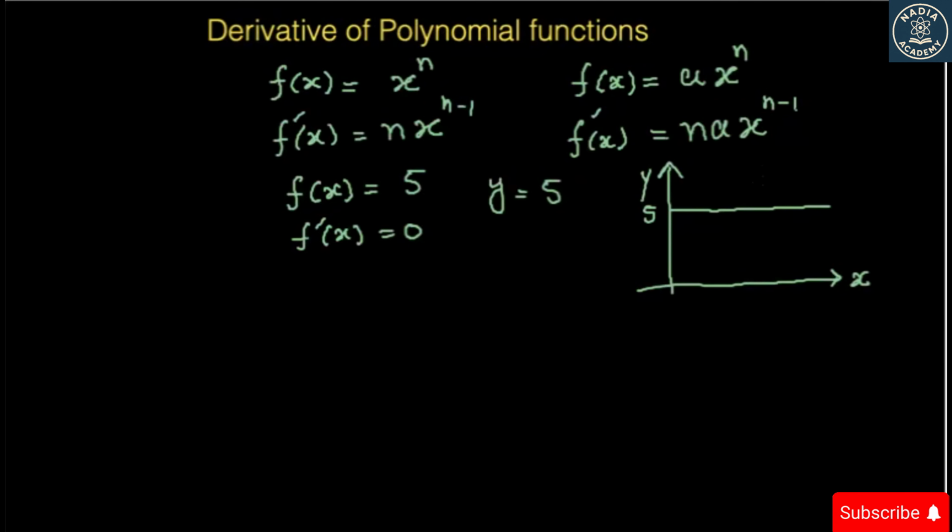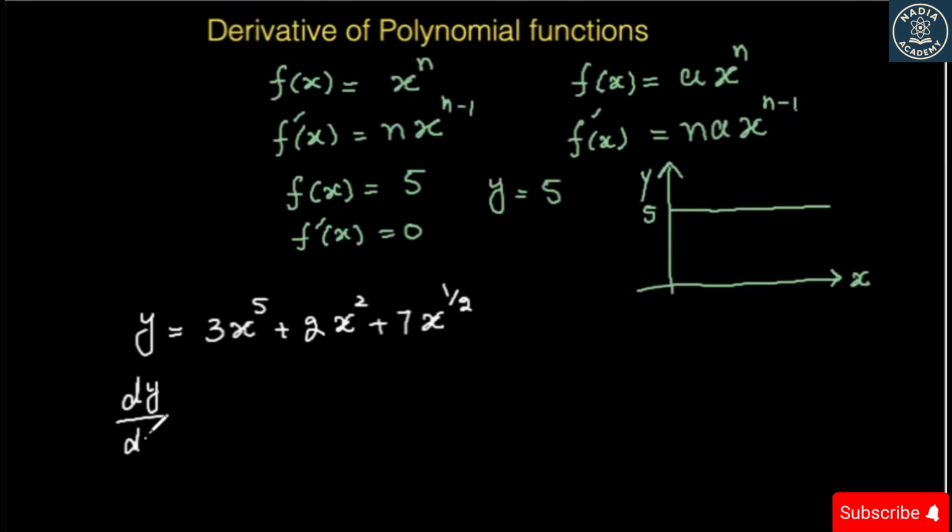Now if we have a polynomial function that has multiple terms, for example y equal to 3 times x power 5 plus 2 times x power 2 plus 7 times x power 1 over 2, how can we take the first order derivative dy over dx?